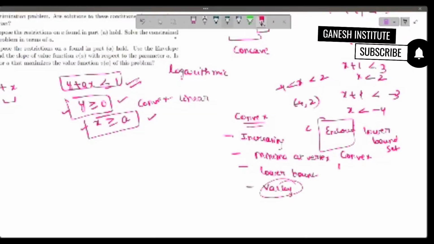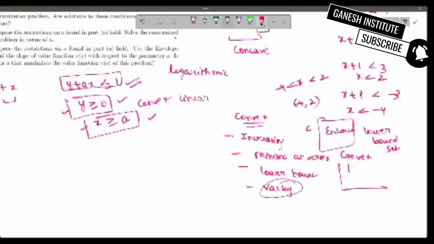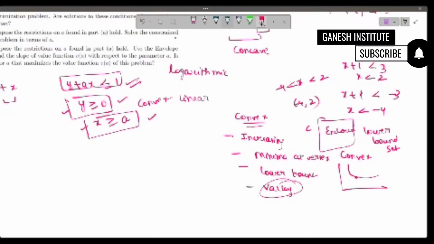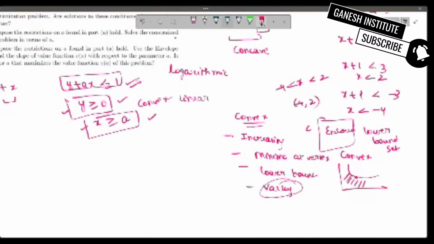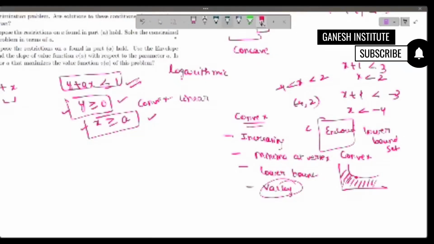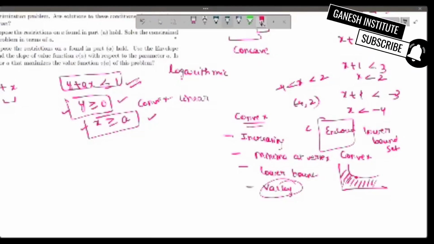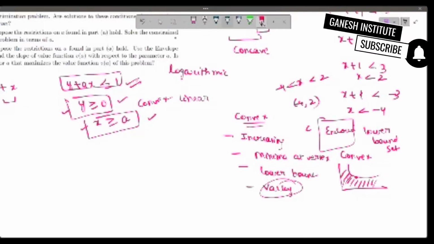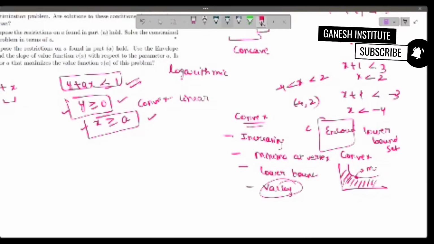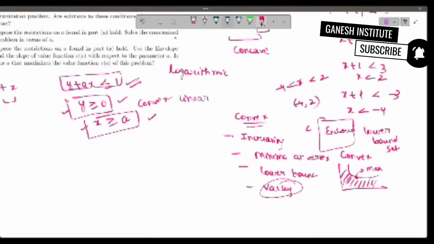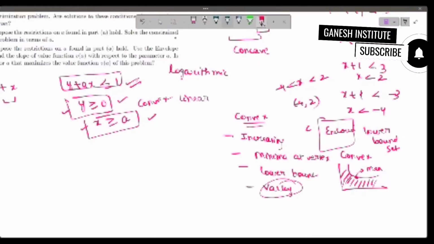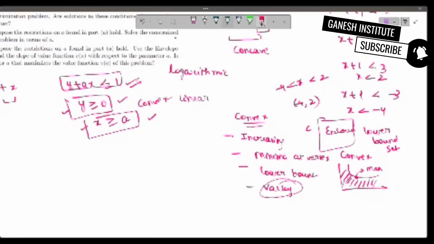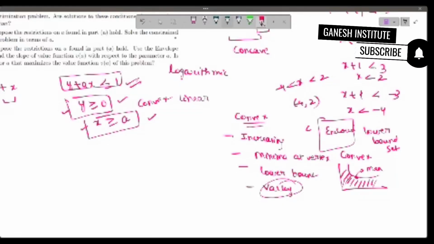Lower bound means you have a function, for example, and the lower contour will be defined somewhere here, and for that you will be having the maxima. So in all these cases, you can have convex. So these two are sorted.